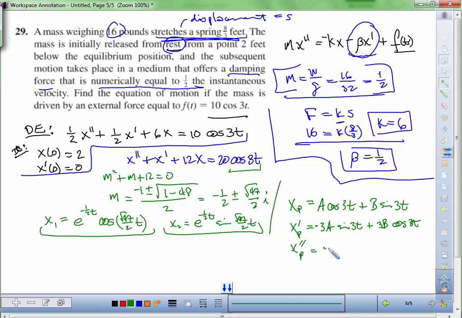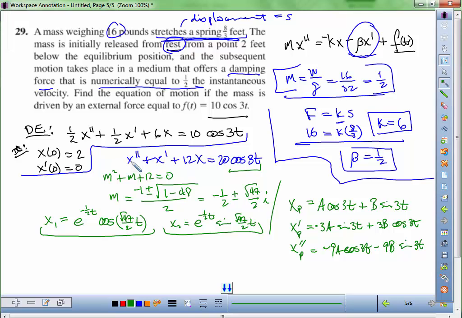So this would be negative 9A cosine 3t, and this would be negative 9B sine 3t. So we need to put that in our differential equation and then solve for A and B.